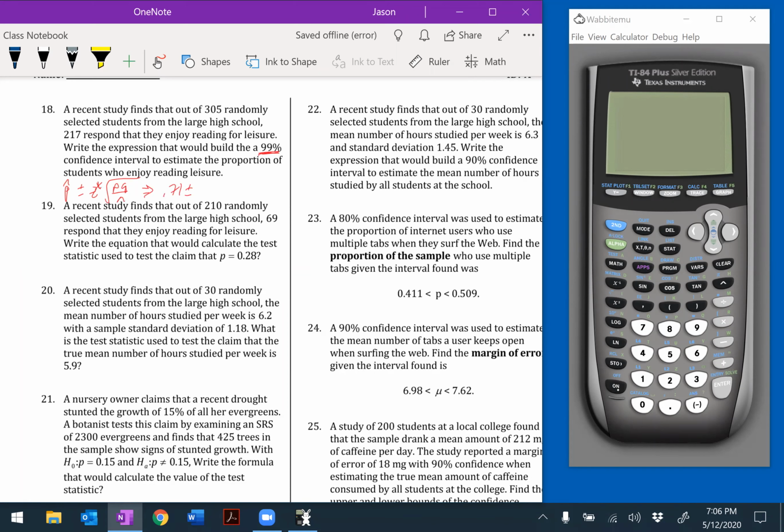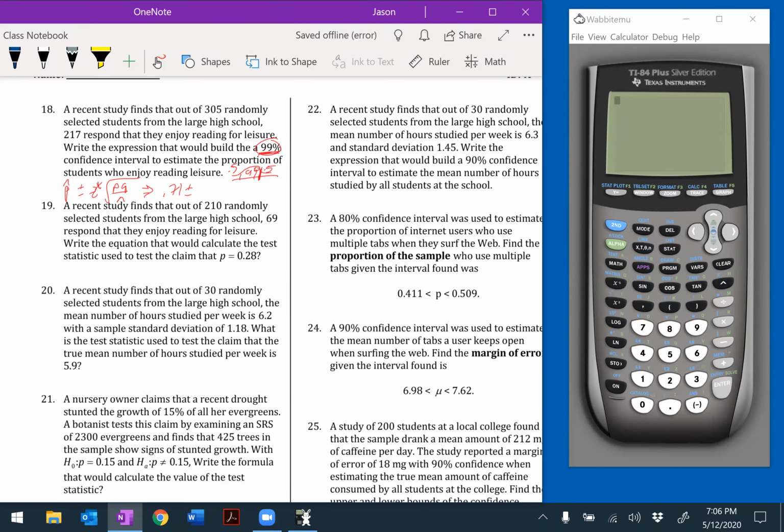Now, how do we get a Z star for 99%? A Z star for 99% for a confidence interval means that 99% is in the middle, which means that 0.5% is on each outside. So I want the critical value for 99.5%.